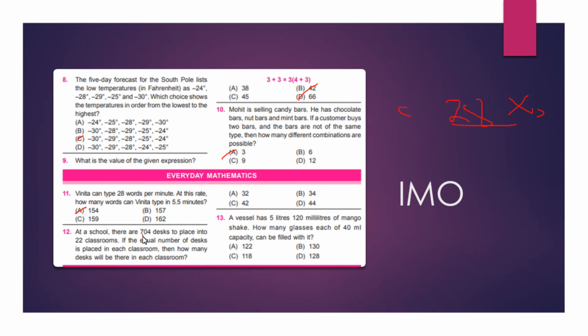Just divide to find how many desks will be placed in one classroom, so there should be an equal number of desks. So obviously the answer is 34, B. Just divide 704 by 22. As simple as that.